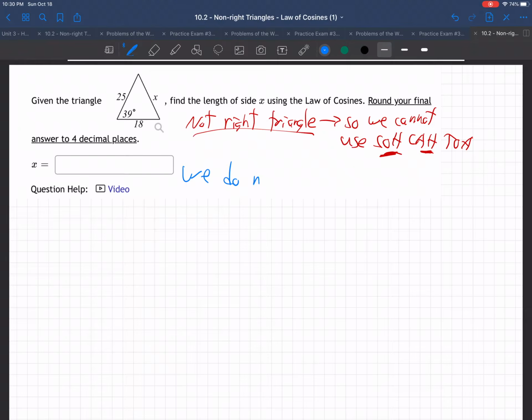Let's say it this way, we do not have a side and opposite angle.